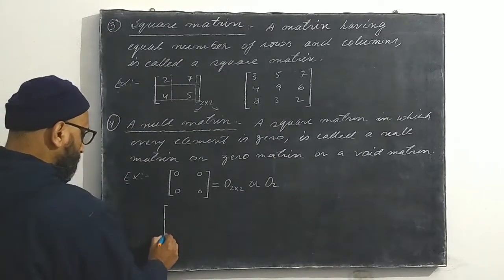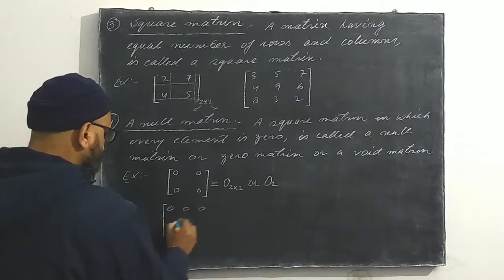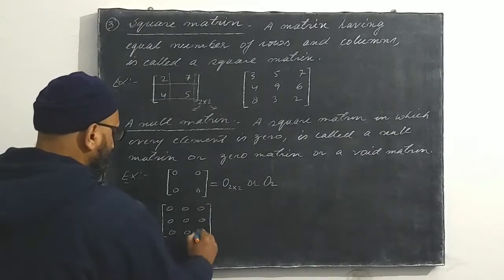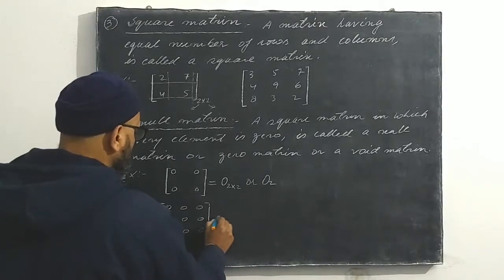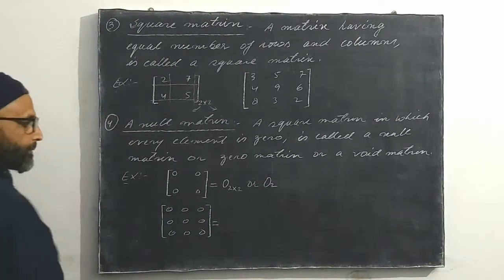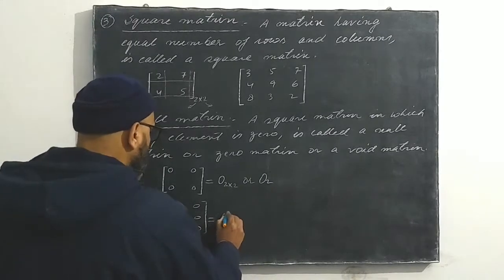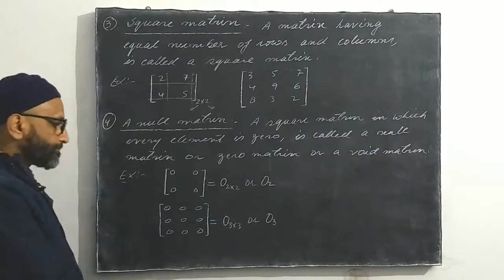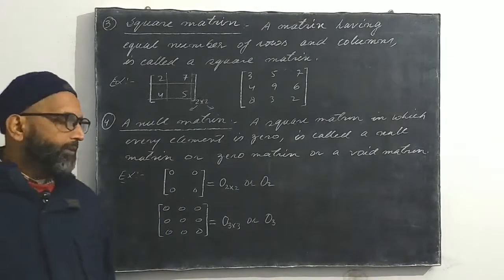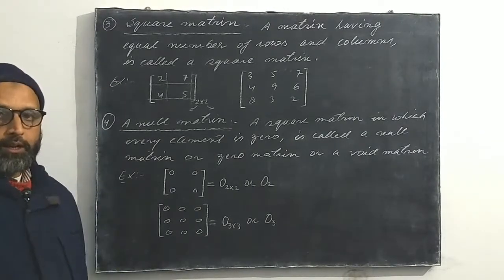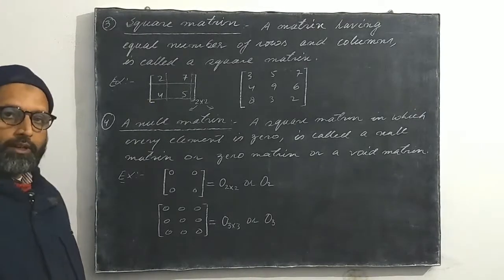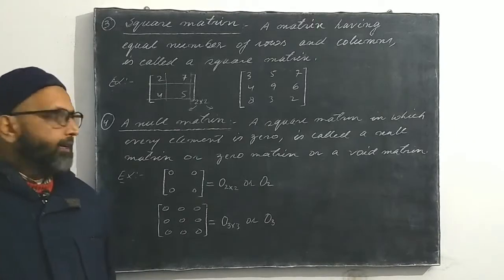In the same way, the matrix 0 0 0 0 0 0 0 0 0 is a square matrix, a null matrix of order 3 by 3, which is generally denoted by O3 by 3 or simply O3. In the same way, we may define a null matrix of any order like 4 by 4, 5 by 5, 6 by 6.